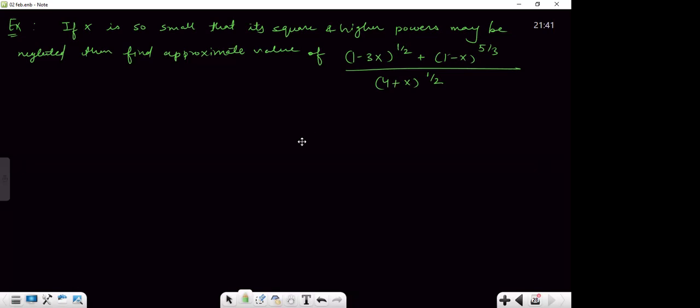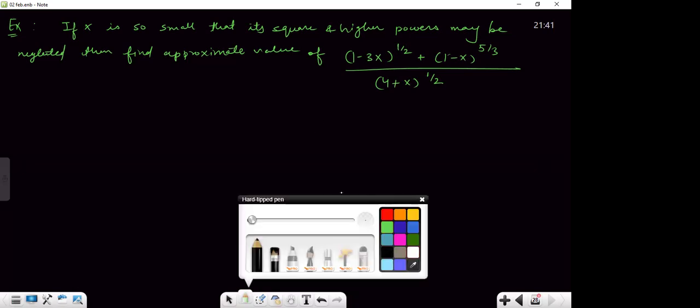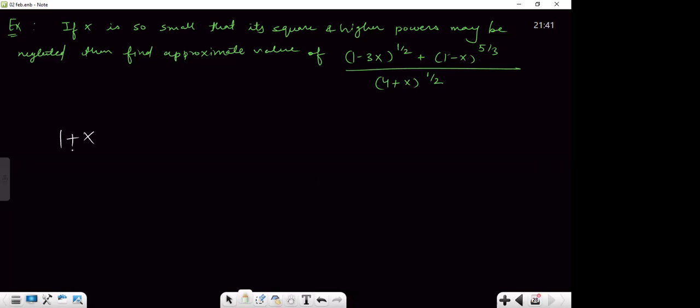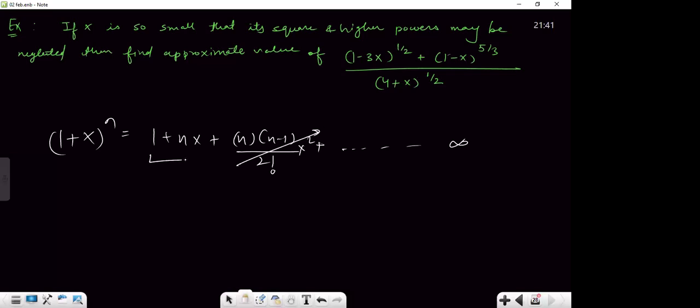We just talked about a property which was (1 + x)^n = 1 + nx + n(n - 1)/2! x square, and we'll go on till infinity. We can ignore the x square value, so we'll have to consider this much in the expansion.